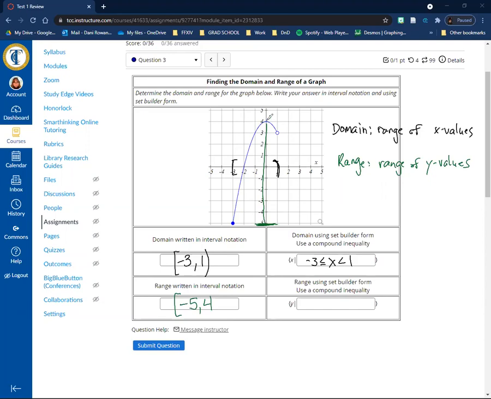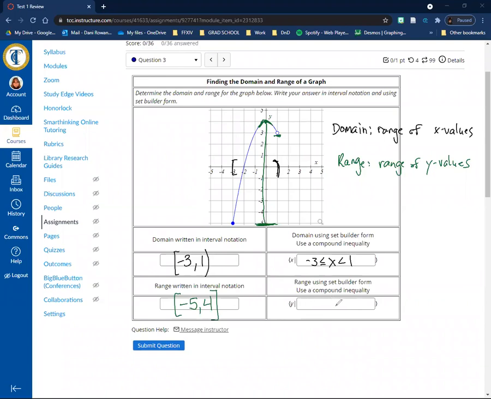Is this right here a point on the graph? Yeah. Since it's actually a point on the graph, it does include it. Even though it comes down and stops here, because it goes through this point and touches the -4, it is included. And so we use a bracket for that.